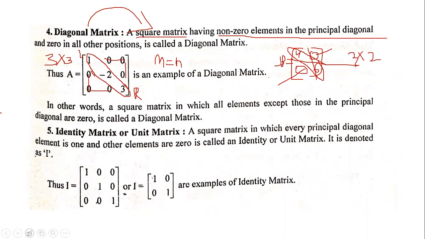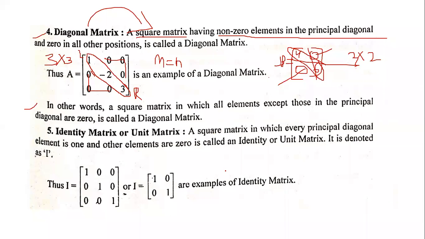In other words, a square matrix in which all elements except those in the principal diagonal are 0 is called a diagonal matrix. This is just another definition. You can follow whichever is convenient for you. So that is a diagonal matrix. Did you all understand the diagonal matrix first of all?